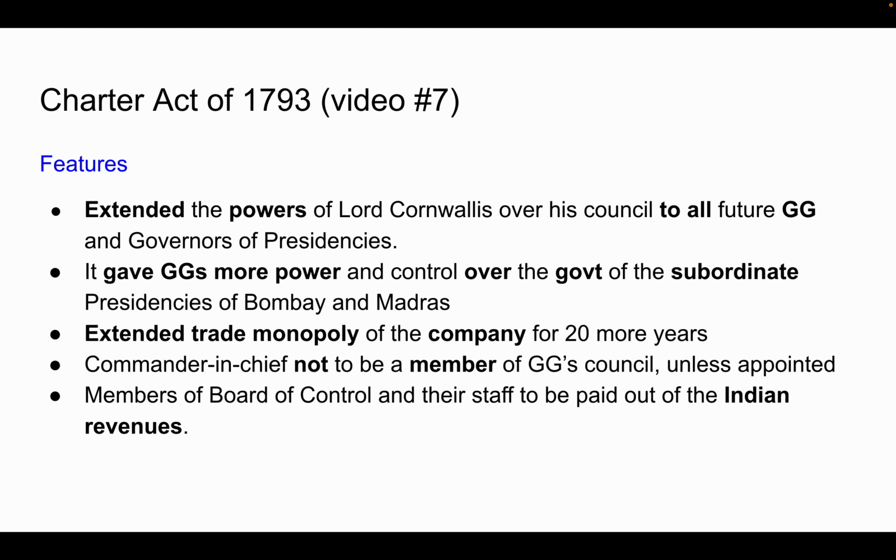And the other was the Board of Control, which was going to see the political aspects of the company. So in this feature, they are saying that members of the Board of Control and their staff were to be paid out of the Indian revenue. So they are referring to the Board of Control and not the Court of Directors. And who are the Board of Control? These are basically members of the East India Company. So these were the features of the Charter Act of 1793.